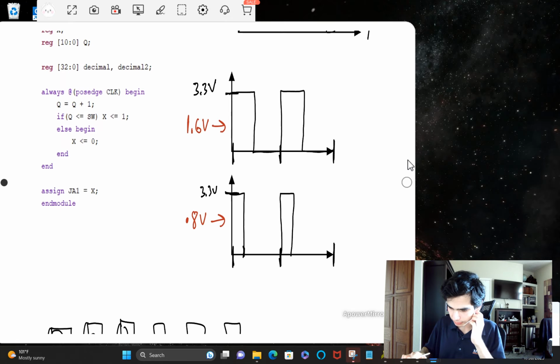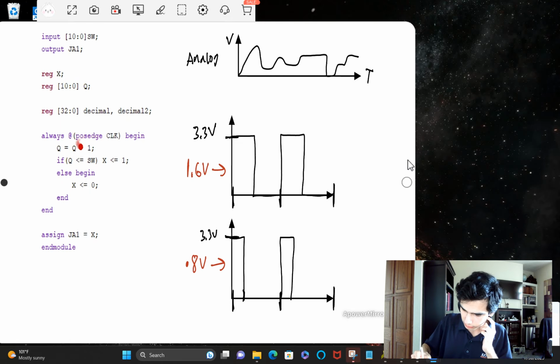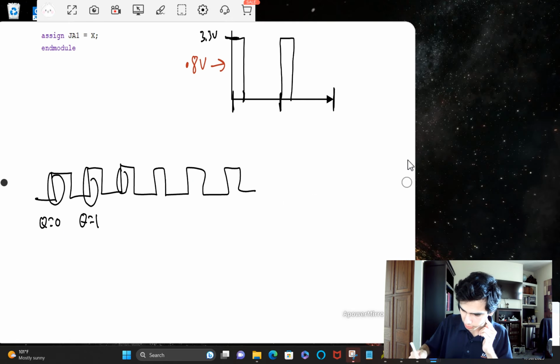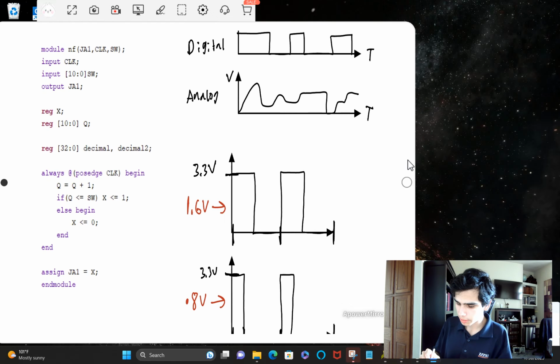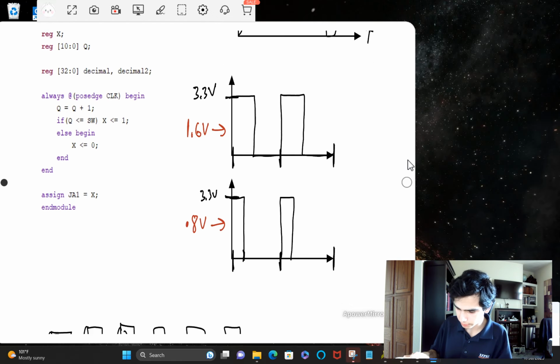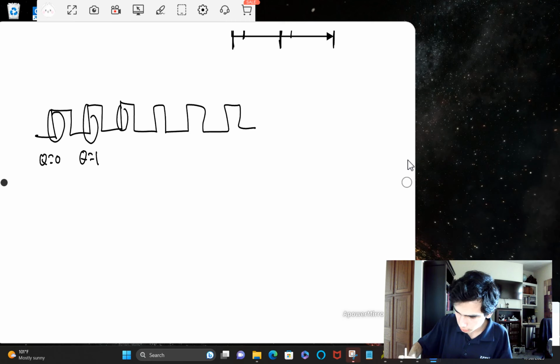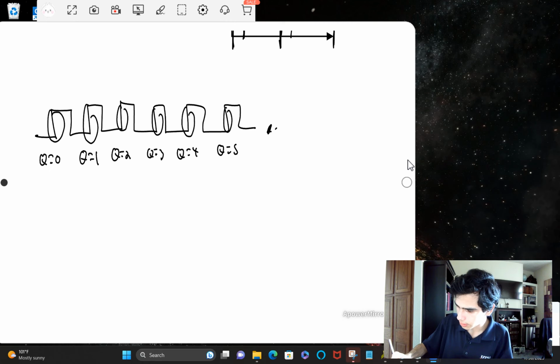The reason it increments is that at every positive edge of the clock, this right here, this is a positive edge, this is a positive edge, and this and this and so forth, Q is going to be incremented. So Q is equal to 2 there, Q is equal to 3 there, 4 there. It's going to go on and on.